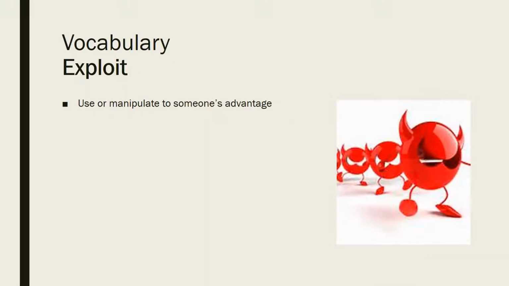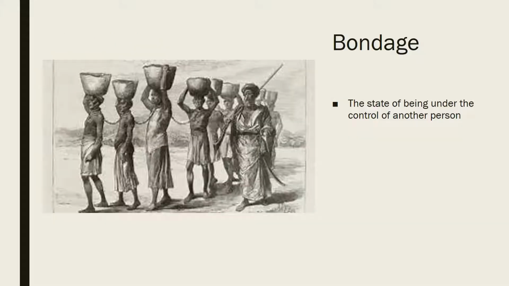So our vocabulary: exploit. If you exploit someone, you use or manipulate someone in order to gain something, to have an advantage. You use this person. Bondage, the state of being under the control of another person. So the slaves were under control of their owners.